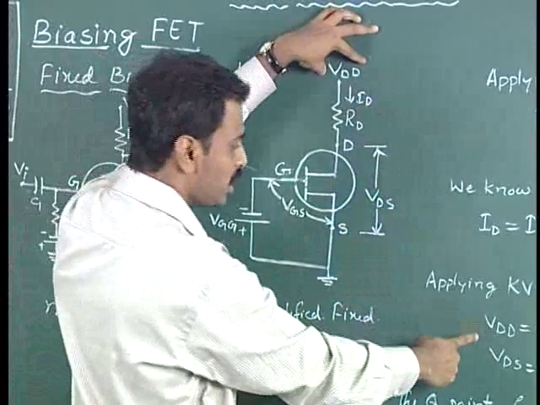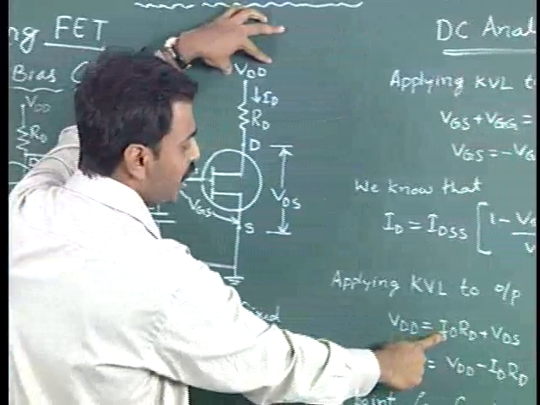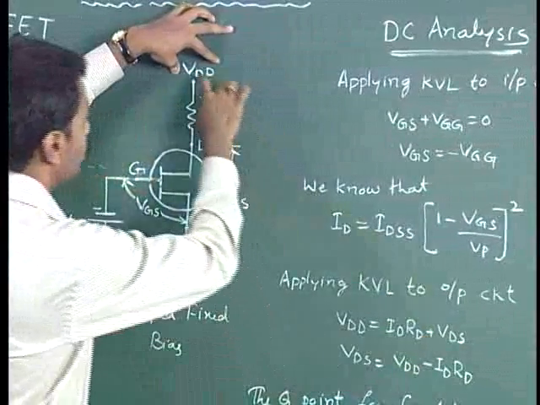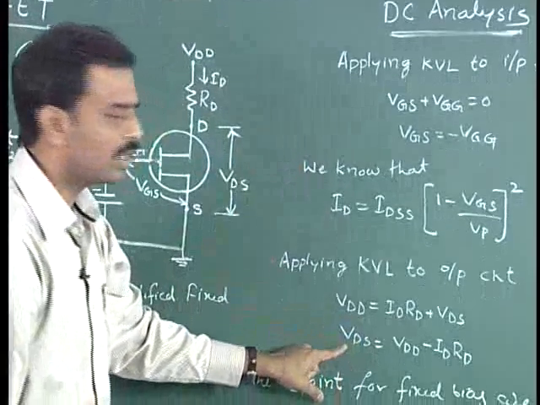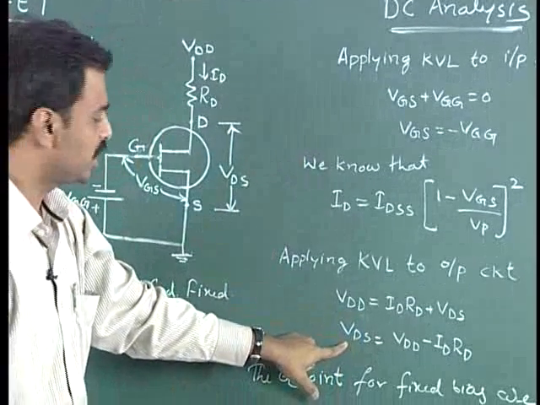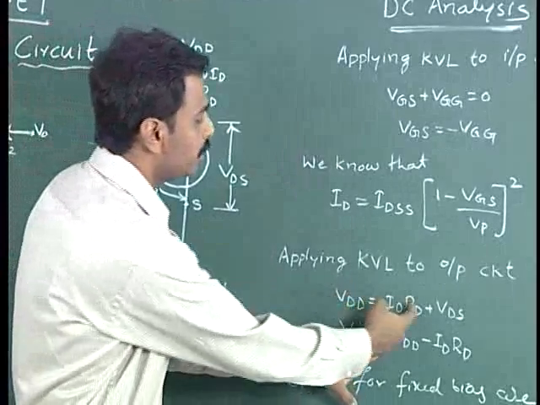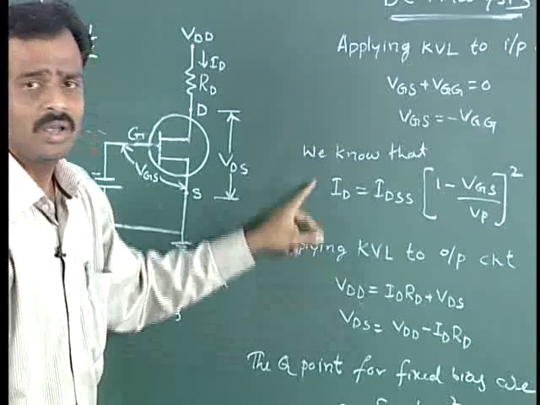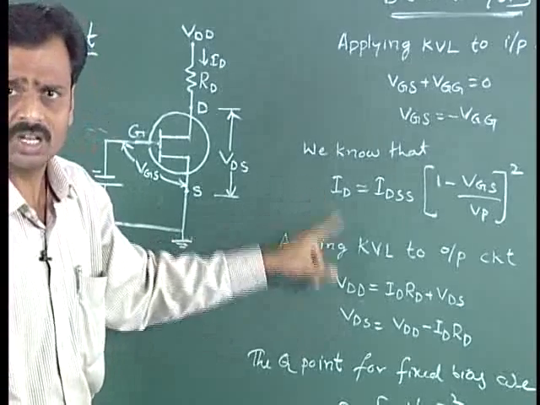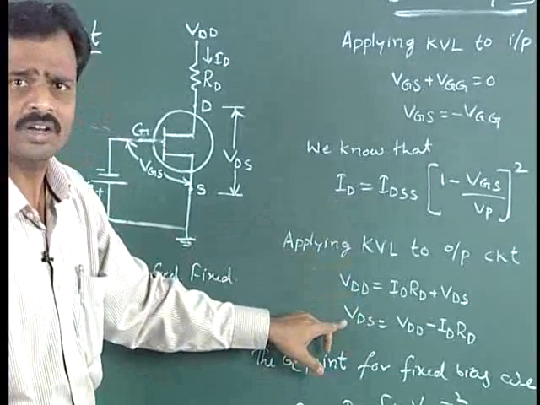Since we want VDS, the output voltage, VDS will be equal to VDD minus ID RD. This gives the final expressions for the output drain current as well as the output drain source voltage.